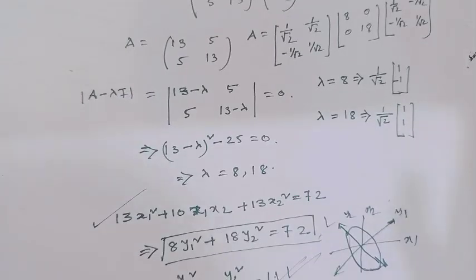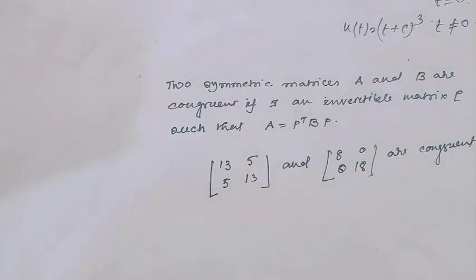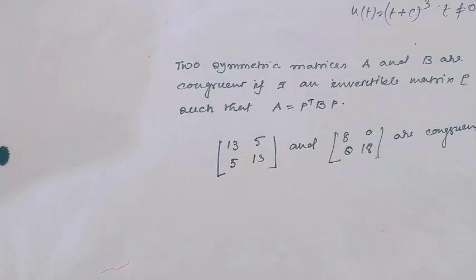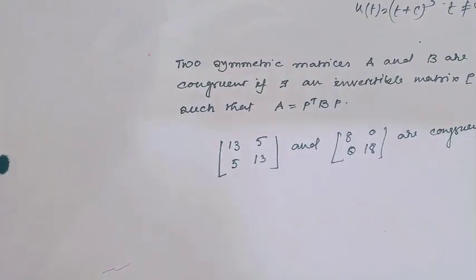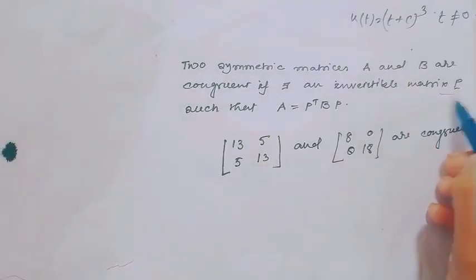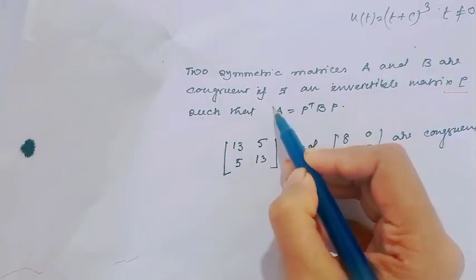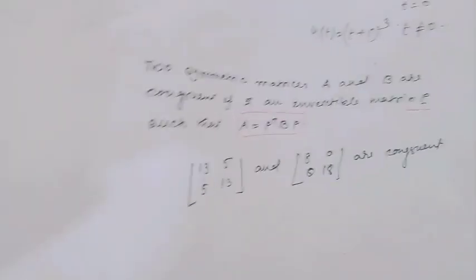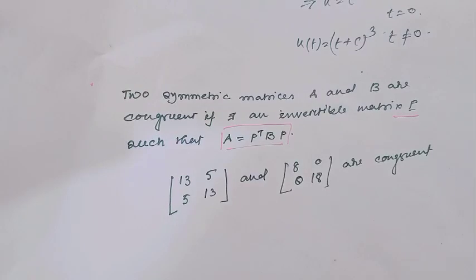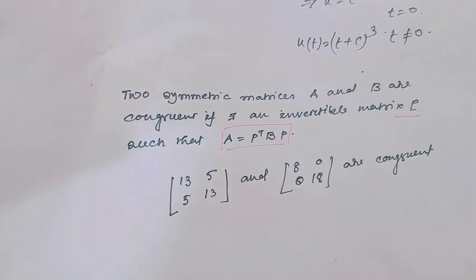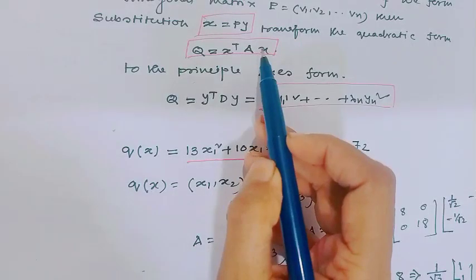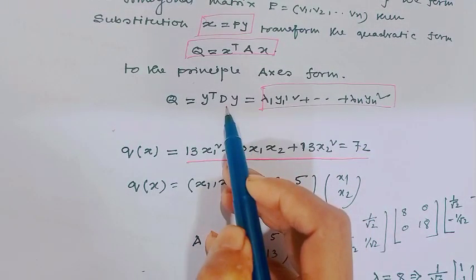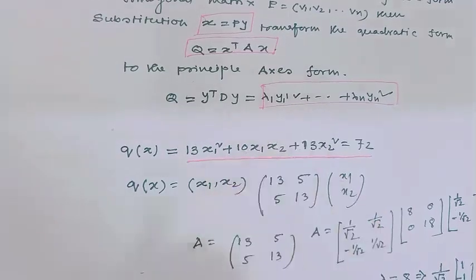We all know two symmetric matrices A and B are congruent if there exists an invertible matrix P such that A equals P transpose BP. This is the definition of congruent. We all know this definition. So, in the actual principal axis theorem, the associated matrix and this matrix D are congruent to each other.